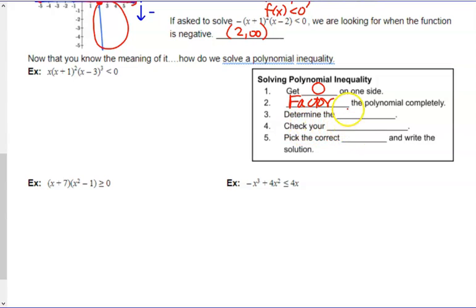Then we are going to determine the x-intercepts. We're going to check the region that we need, whether we need a positive or a negative, and pick the correct sign that we need. Where is it positive for greater than or equal to 0? Where is it negative for less than or equal to 0? Okay? All right, so let's go through this.